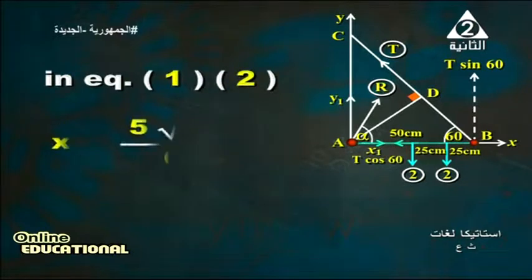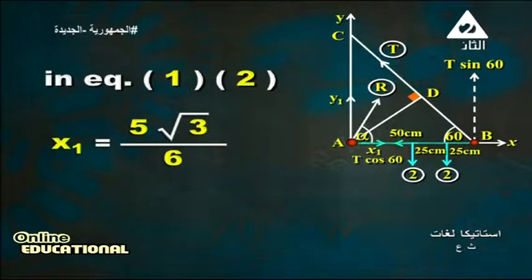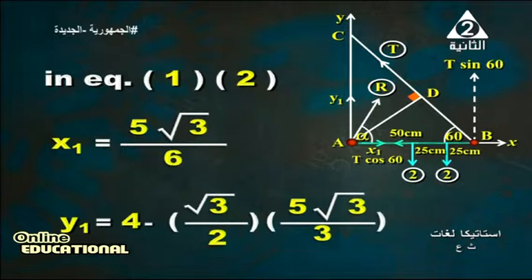From equation 1 and equation 2 we calculate x1 and y1 by using the value of T. Therefore, x1 equals 5 root 3 over 6, but y1 equals 4 minus root 3 over 2 times 5 root 3 over 3, which equals 3 over 2.